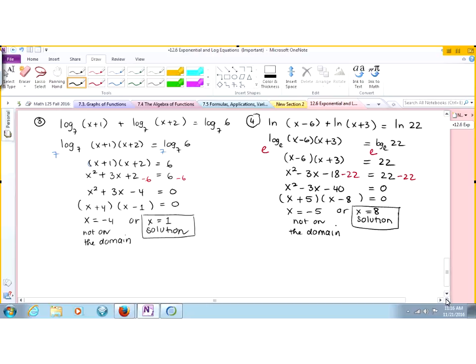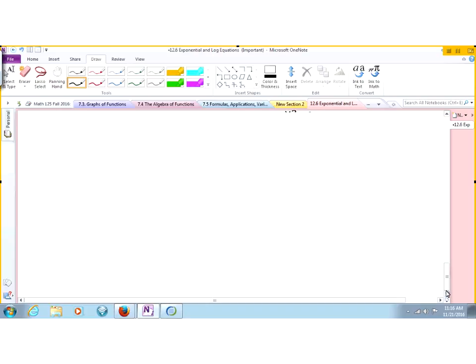Is it easy? You guys want to try more? Yeah. Okay. So we should have a quiz now, right? Okay. So log base 3 of x minus 4 plus log base 3 of x plus 4 is equal to 2.